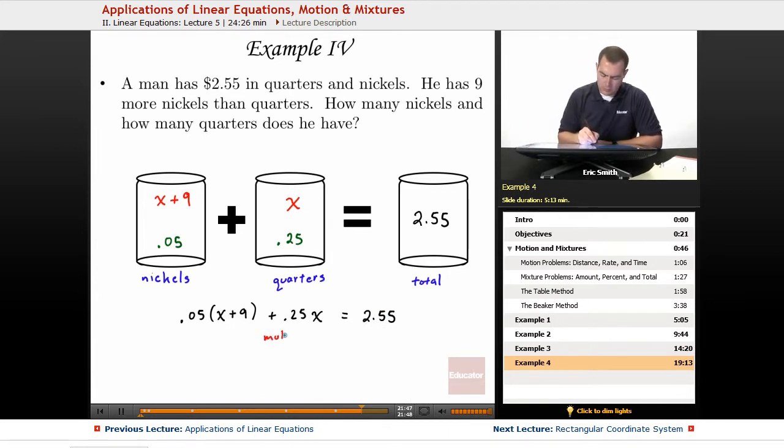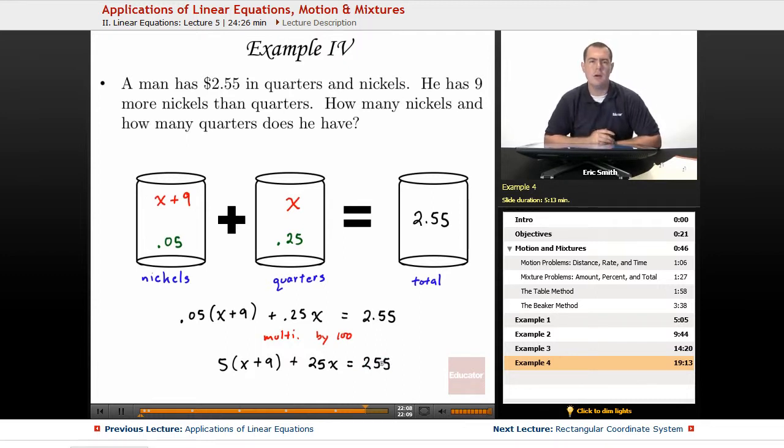So I'm going to multiply this one by 100 so that we can deal with just some nice numbers and no decimals. This would make it 5 times x plus 9 plus 25x equals 255. So that's the equation that we'll solve and figure out how many quarters and nickels we actually have.